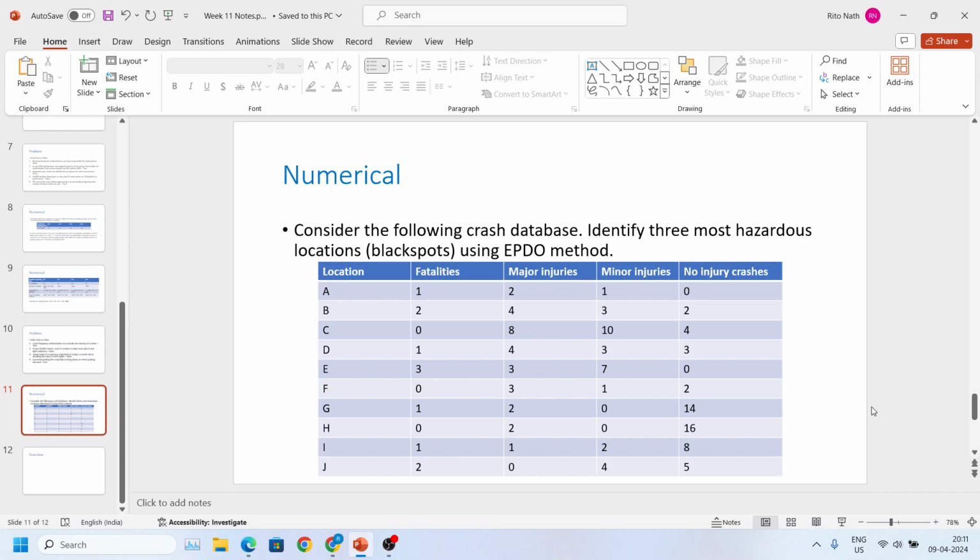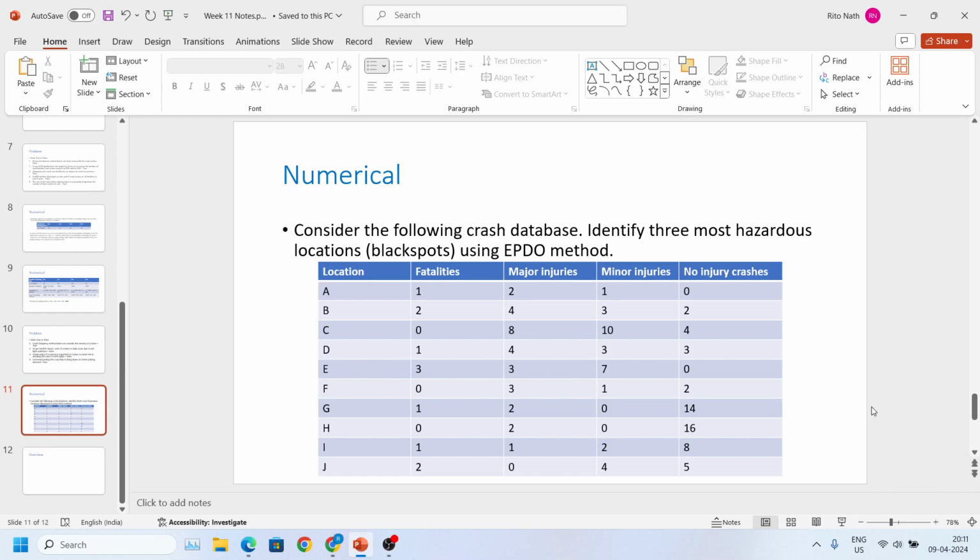So for that, what you have to find is this EPDO using a formula that was, I think, given in the slides, where different factors have to be taken for different types of accidents. For fatalities, I think it's 33. For major injuries, it's 15. Minor injuries, I think it was 1.16, and no injury crashes at 1.